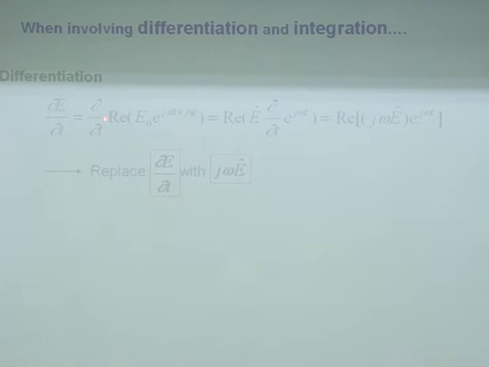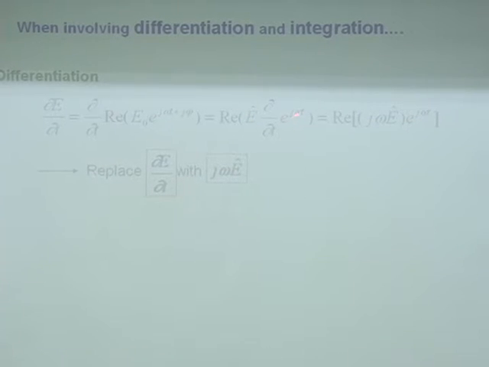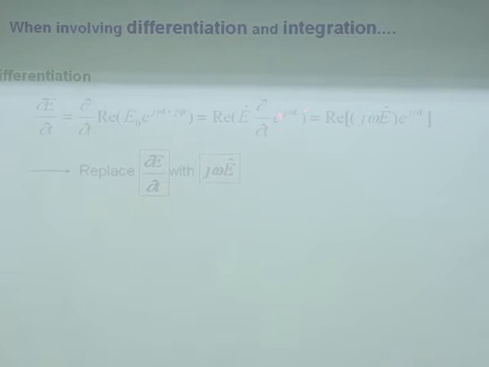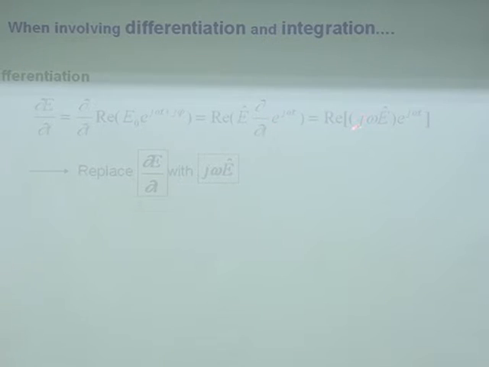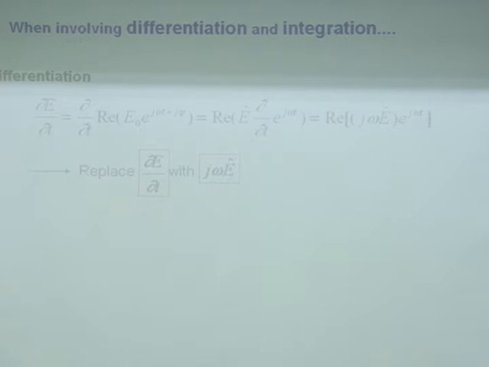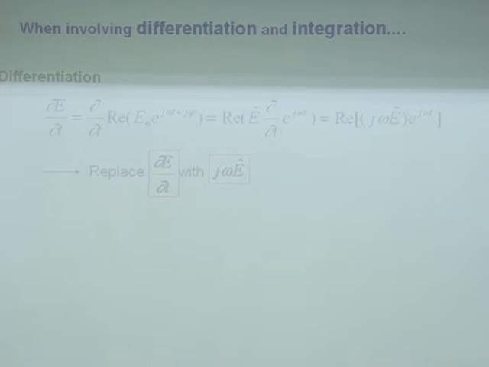So let's do it. Okay, let's put this differentiation into this parenthesis. Then the only thing related to time is this term. So this differentiation is going to give you j omega in this calculation.